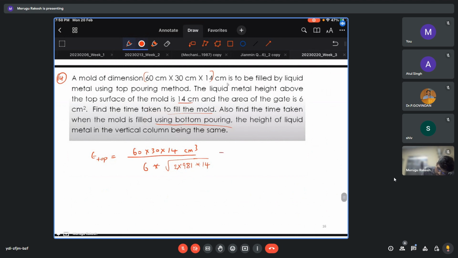So this is the top. Similarly bottom, 60 into 30 divided by 6, 1 divided by 981 into 2 times.